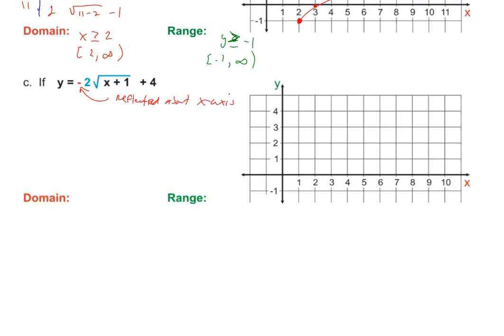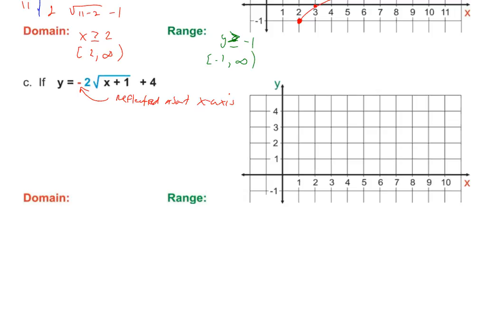And we've got a 2 there. So do you think 2 will make it go up more steeply or less steeply? What would you expect? It's a multiplier of everything, so more steeply, right? It's multiplying the output, so we're going to expect more steeply.